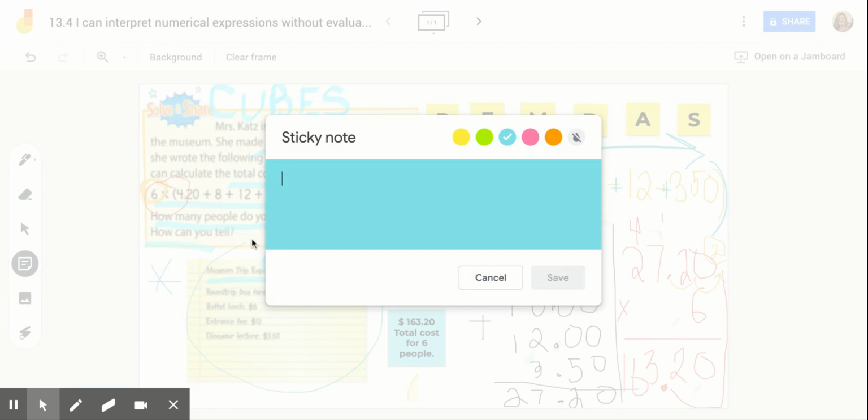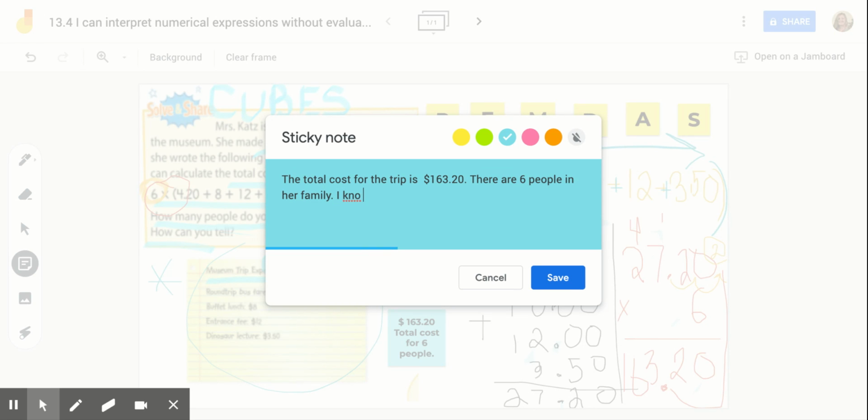So if we wanted to write this out, okay, the total cost for the trip is $163.20. Okay, right? Let's put a period. There are 6 people in her family.